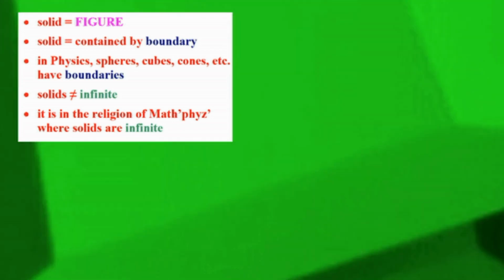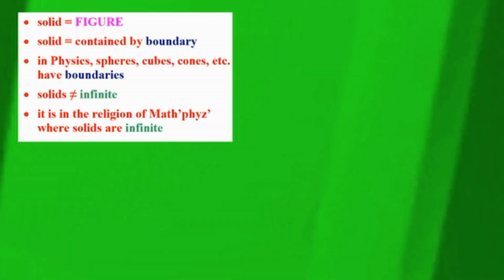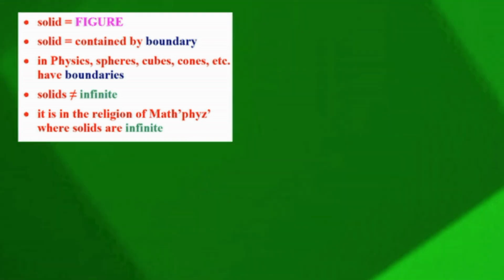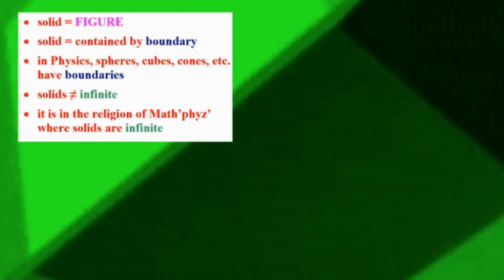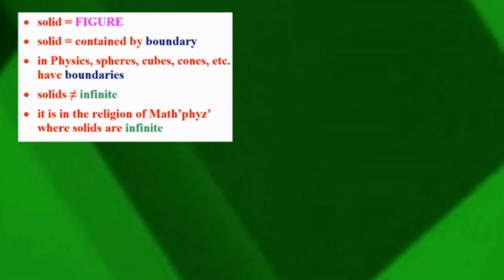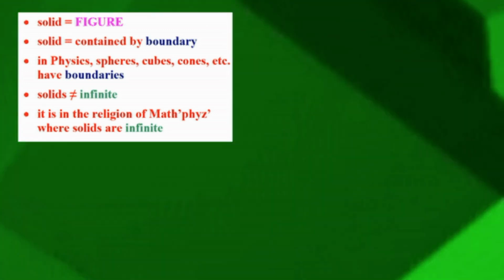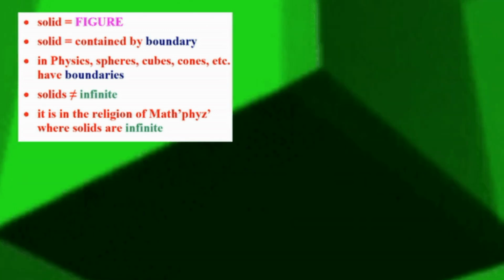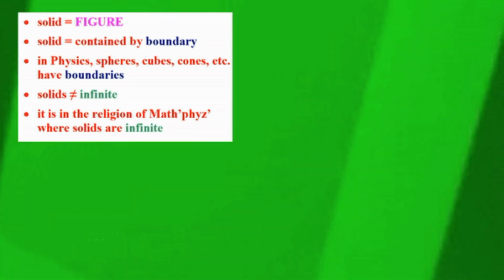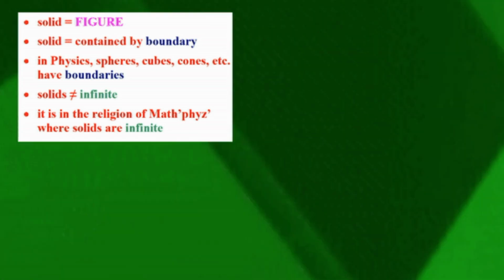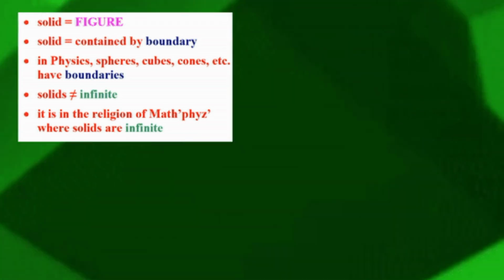It's contained by boundaries. Because again, Euclid said all figures have to be contained by boundaries. That better be true, whatever boundary is, right? And in physics, all of these spheres, cubes, cones, etc., have boundaries, and no solid is infinite. Okay, and again, it's the religion of mathematical physics that turned all these things into infinite things because they wanted to do math. They wanted to do itineraries and not figures. That's where the problem is.